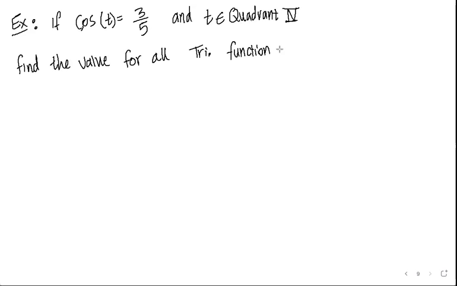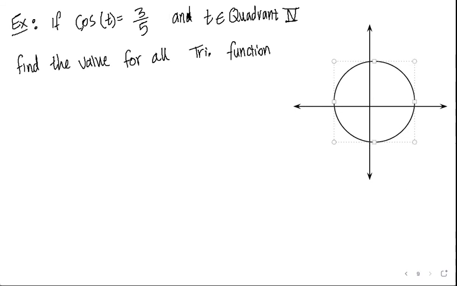To do this, I prefer to graph the unit circle. It is the easiest way to solve this question. So this is my unit circle, and here t belongs to quadrant number 4.